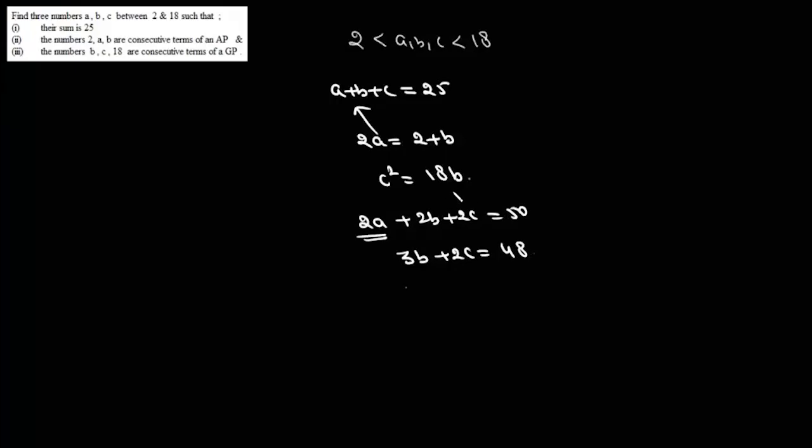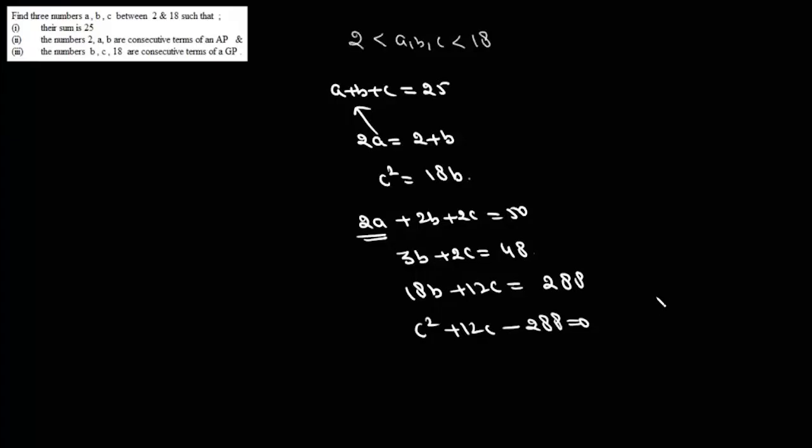So what we'll do is we'll multiply everything with 6, so it will be this 18b plus 12c, and this is equal to 48 into 6, which is 288. Now this 18b is c square, so we can write c square plus 12c minus 288 is equal to 0.